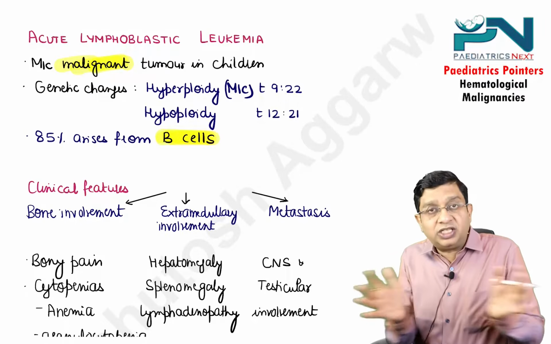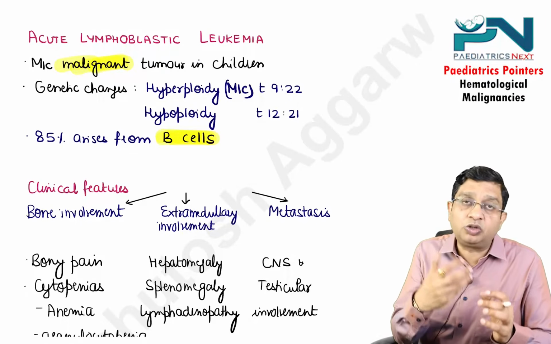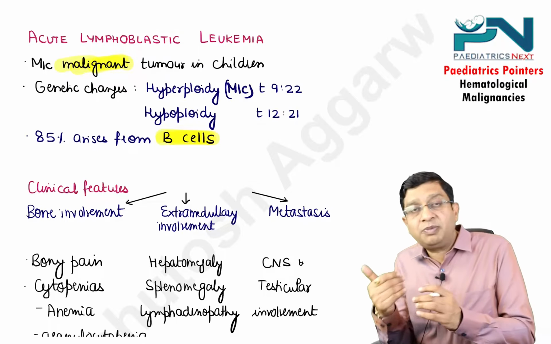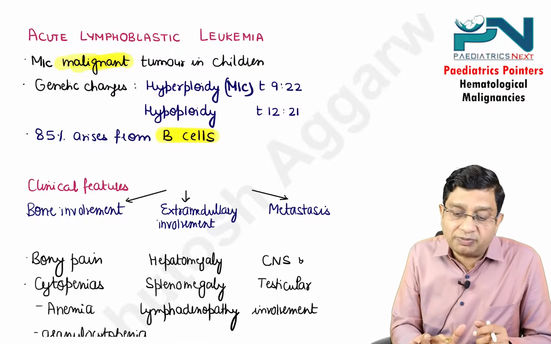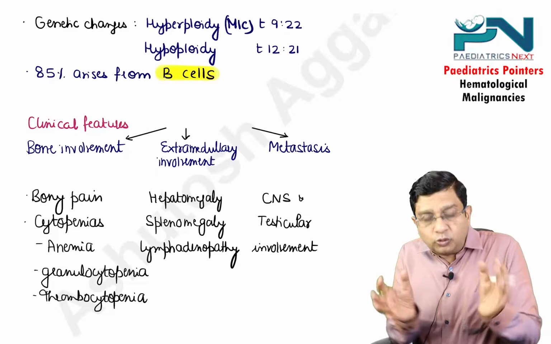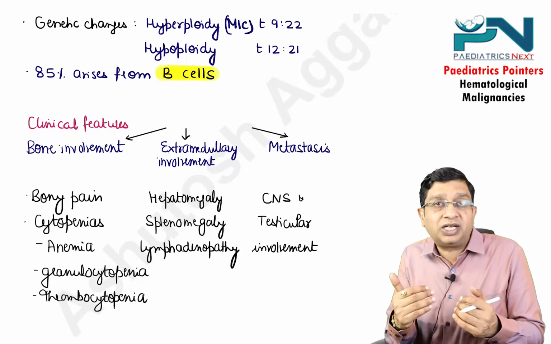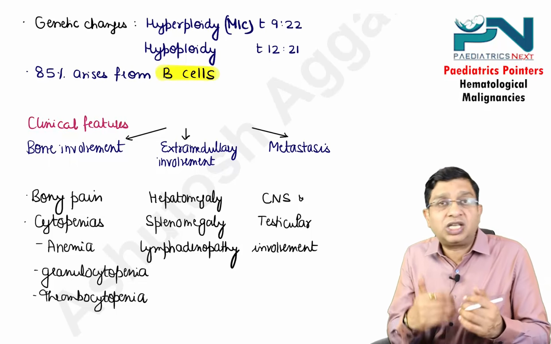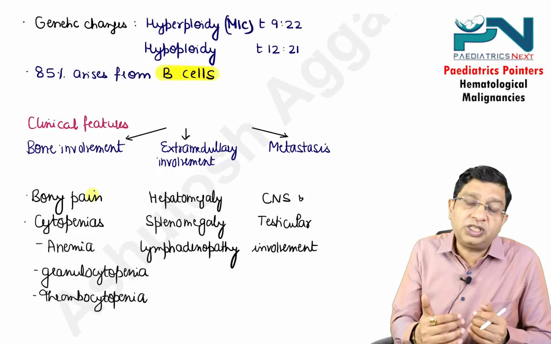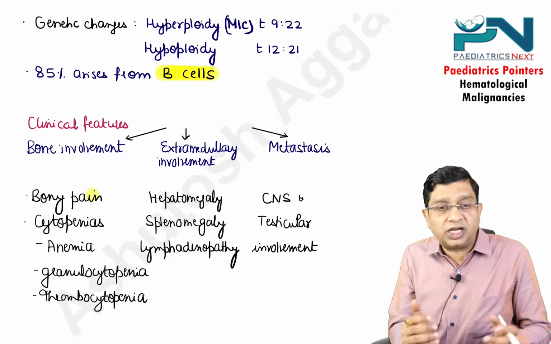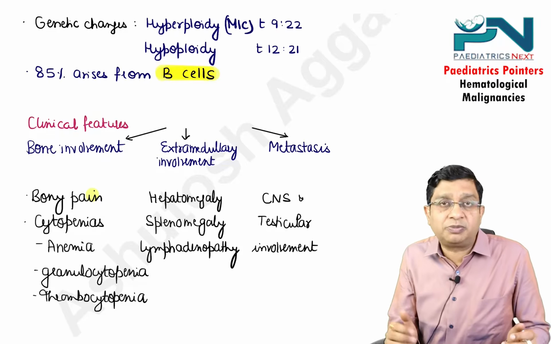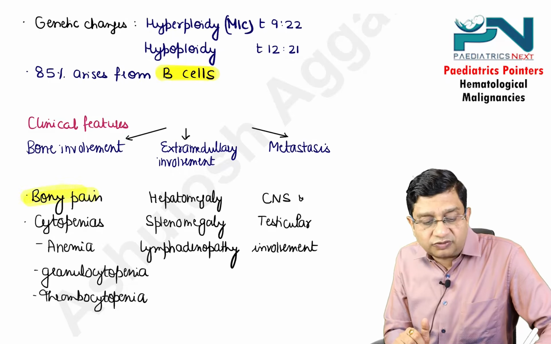So what can be the clinical features? It is a leukemia, so it is going to involve the bone marrow. There can be extramedullary involvement. In the bone particularly, if the B cells multiply, what happens to the myeloid cells? They are decreased. So there can be anemia, thrombocytopenia, granulocytopenia. Bone marrow expands, periosteum is stretched, there can be bony pain.